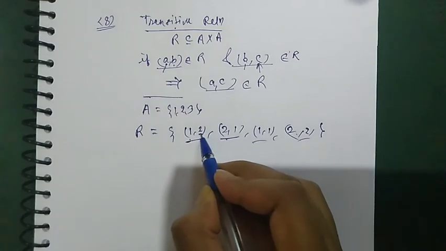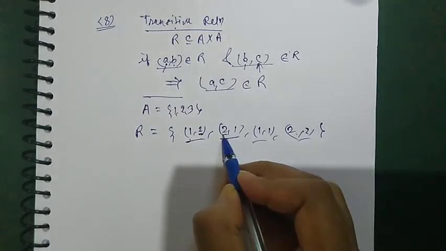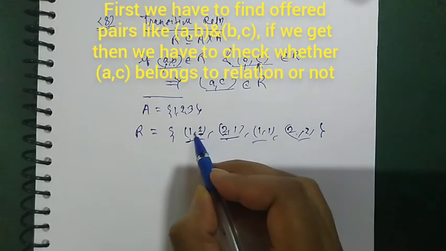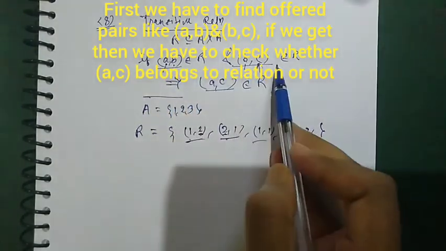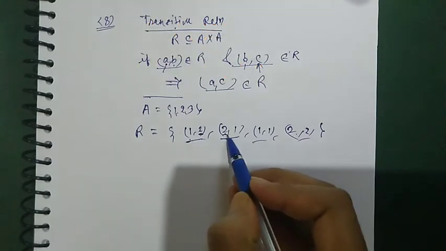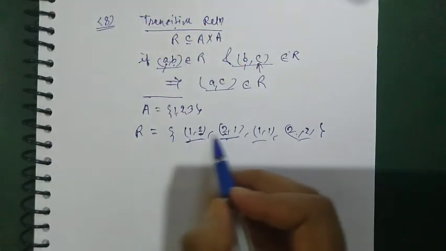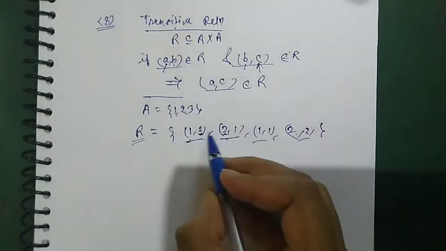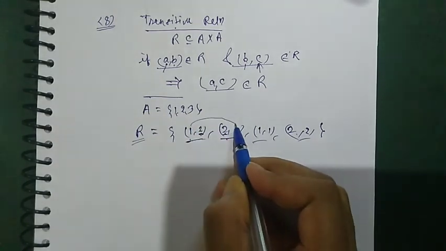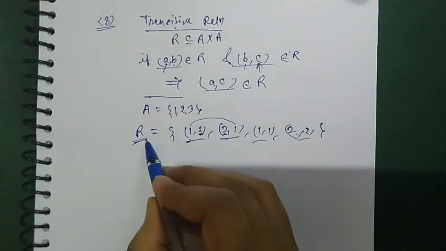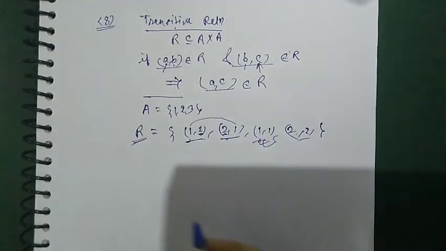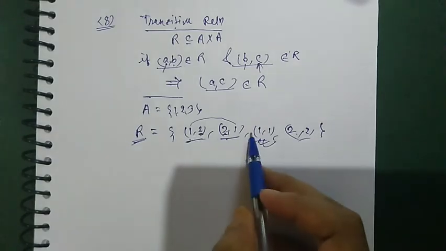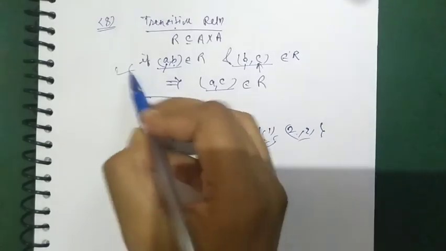Here the second coordinate is 2 and the first coordinate is 2, so both are equal. So from these two, 1 comma 2 and 2 comma 1, which belong to this relation, 1 comma 1 must belong to this relation, which is here. So both these ordered pairs satisfy this condition.